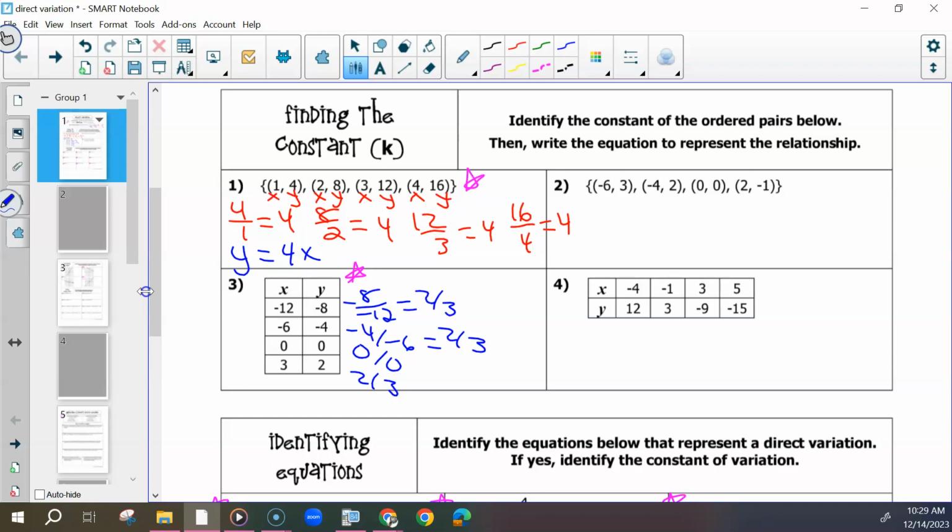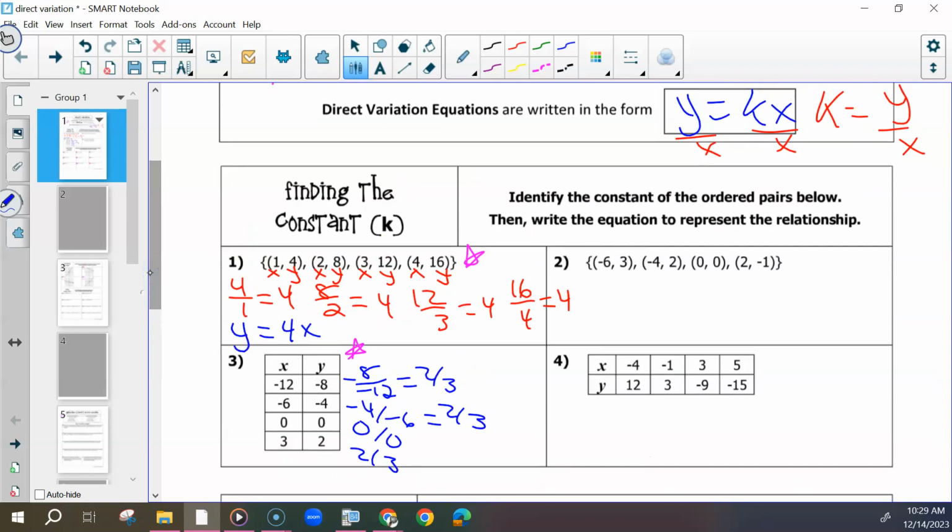It's not direct. However, if we're thinking about this on a graph, if I start at 0, 0 and go up 2 to the right 3, I should end up at this point. If I do the opposite way, I should end up here. So even though when I divide it, it's not 2 over 3, on a graph, I can visualize that I'm still doing the same thing.